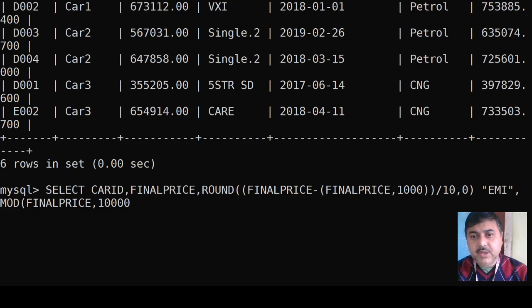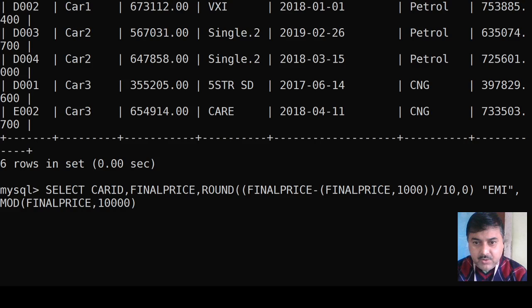After we have given this final price comma 10,000, we have to name it something. As it has been said, the name we can provide is remaining amount.